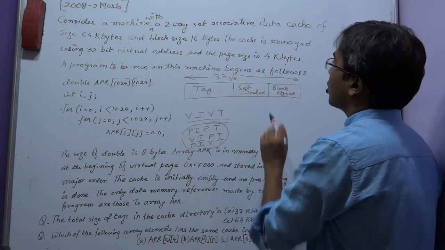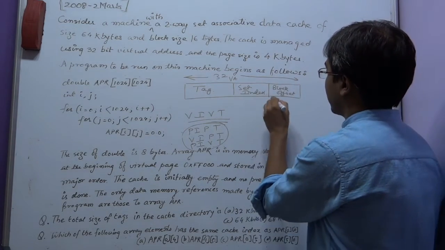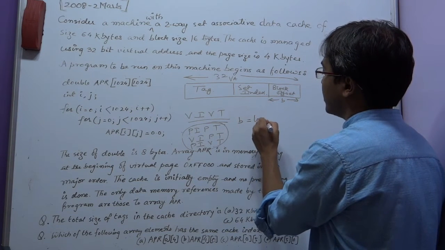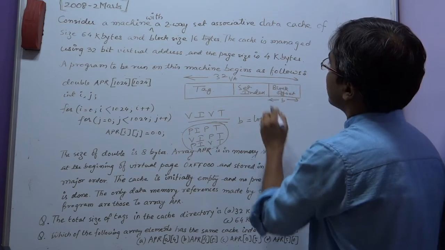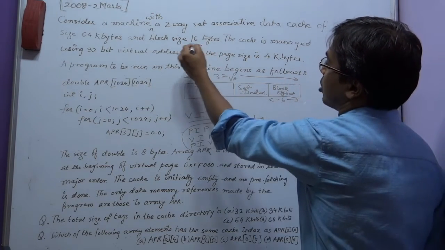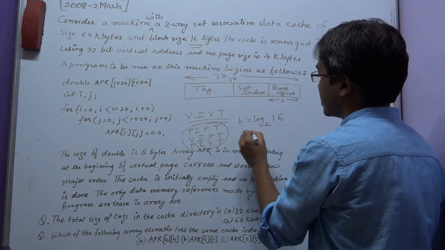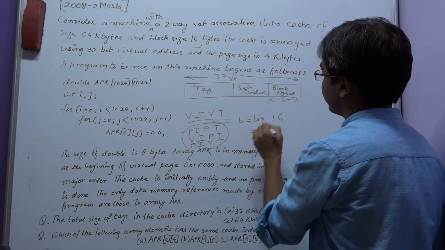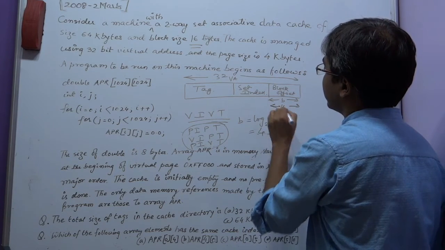Now the size of the block offset, if you represent it by small b, is given by log base 2 of the size of the block. The size of the block is 16 bytes, so log base 2 of 16 is 4. So the block offset is 4 bits wide.